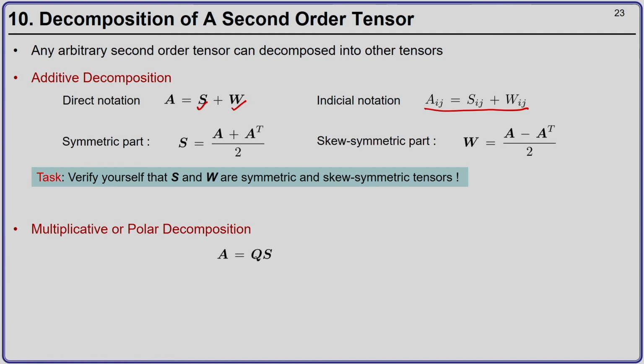Another decomposition which is common, and we will come to it later in kinematics, is the multiplicative or the polar decomposition. You are given an arbitrary tensor A. You can decompose that tensor into an orthogonal tensor Q and a symmetric tensor S. So, A can be written multiplicatively as Q into S. Q is an orthogonal tensor, so Q transpose is equal to Q inverse, and the symmetric part S is equal to S transpose.